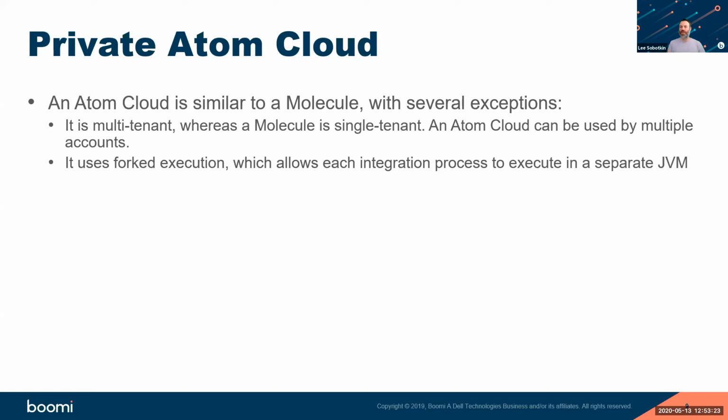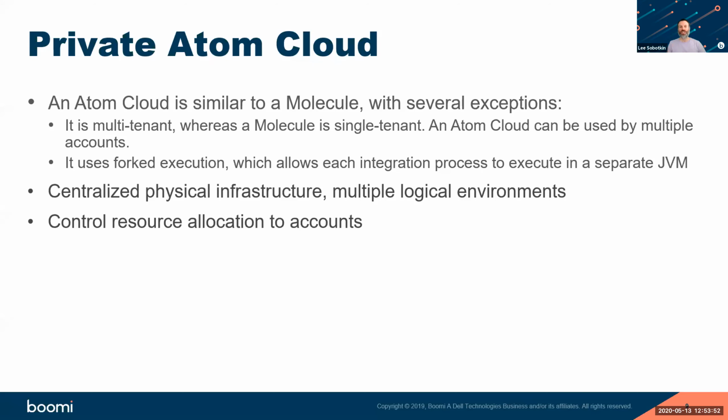And so if you have a rogue process that is either going to be a resource hog or consume a lot of data, it's not going to monopolize or take down the entire Atom cloud. So there's some high availability built in from that aspect, having this separate JVM for each execution that occurs within that runtime. I mentioned the centralization piece there about collapsing that infrastructure.